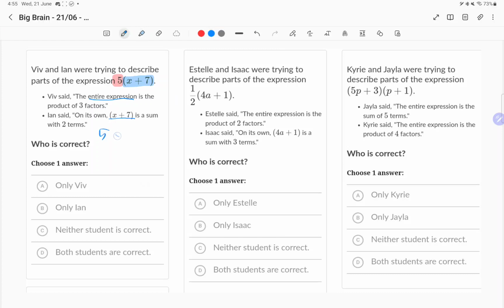So this is one factor. This together is a factor. But then on its own, x plus 7. So you look at only x plus 7 here. It's a sum with 2 terms. Is it 2 terms in here? Yes, the 2 terms are x and 7, if you only look at x plus 7.